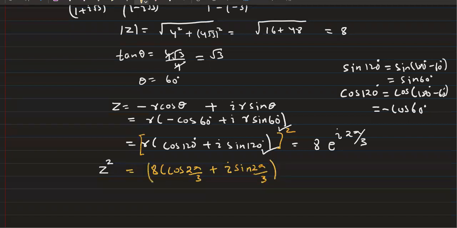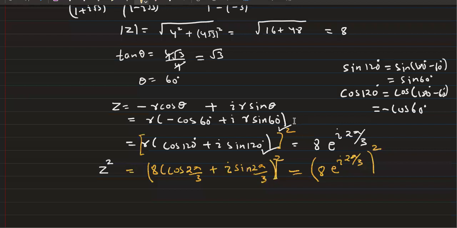It's not that you can't, but it seems difficult. But if you use this form, Euler form, it's quite simple because it will be 8 e to the power I 2 pi by 3 whole square. As simple as that.